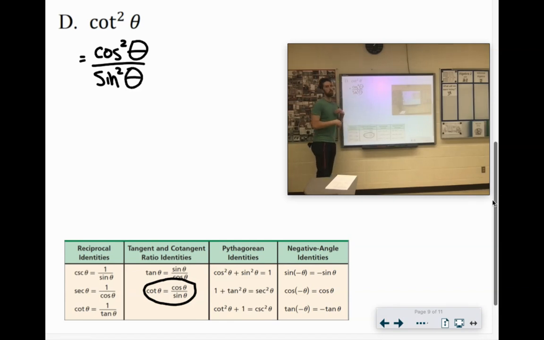But again, we want it to be all sine stuff. We can't have that cosine squared stuff. So we can go to an identity where we have cosine squared, just like we did. So if I wanted it to be sine squared, cosine squared would be equivalent to 1 minus the sine squared.